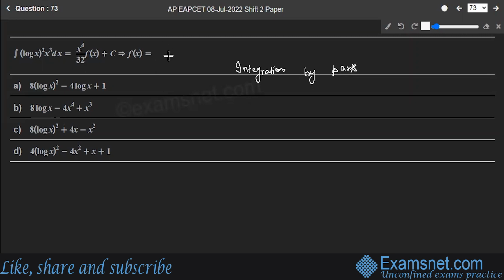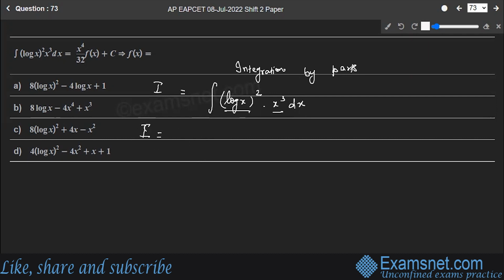Now I'll give the whole expression the name I. This will be integral of log x square into x cube dx. This is your first and the second function. So let's find out the integral by using integration by parts.